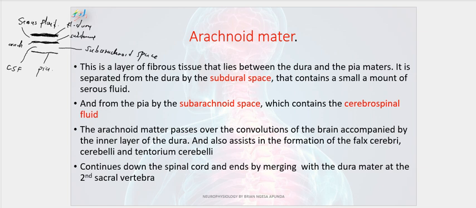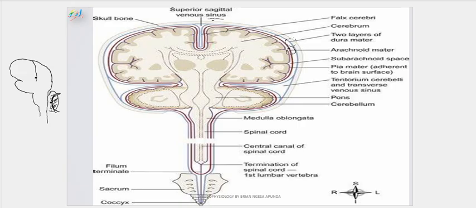This continues down the spinal cord and ends by merging with the dura mater at the second sacral vertebra. Maybe we can revert back to our image. We should also be able to see how the dura continues to line our spinal cord. So we have the meningeal and the periosteal layers.